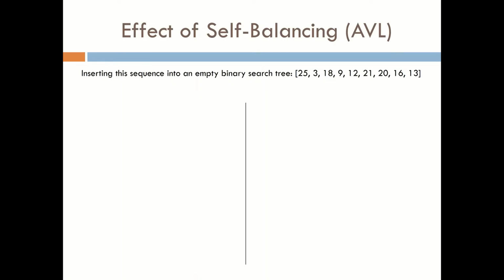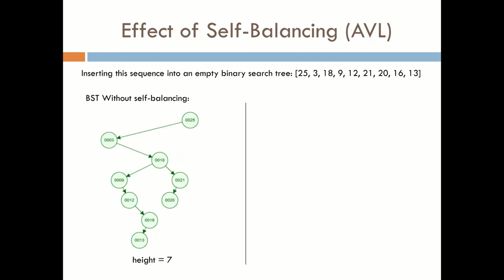Okay, so let's recap as we've taken a look at binary search trees and a special case of binary search trees called AVL trees, which are self-balancing, and inserting the above sequence of numbers into the tree.